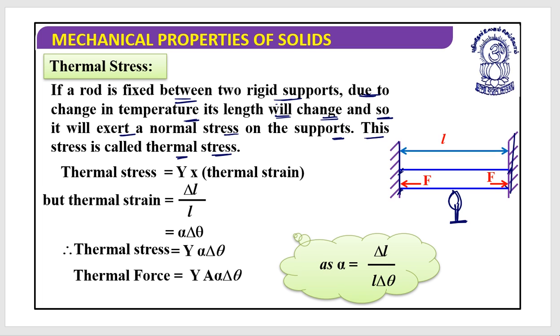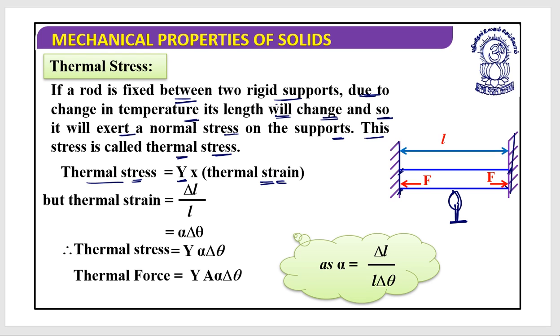Now, how could I find the value of this thermal stress? Young's modulus is equal to stress divided by strain. So from this I can write that thermal stress is equal to Young's modulus multiplied by thermal strain.